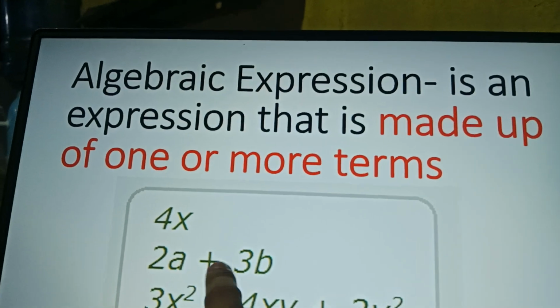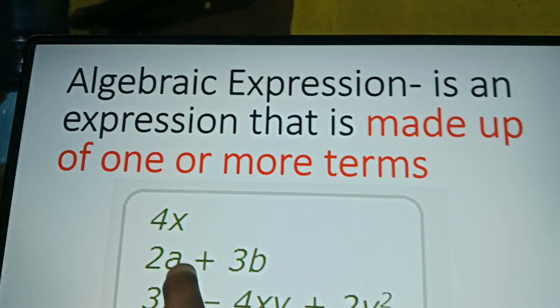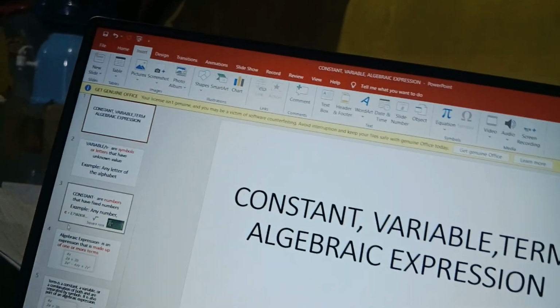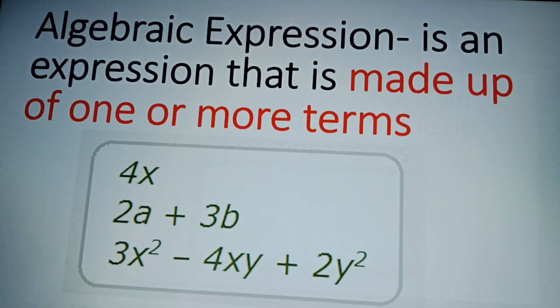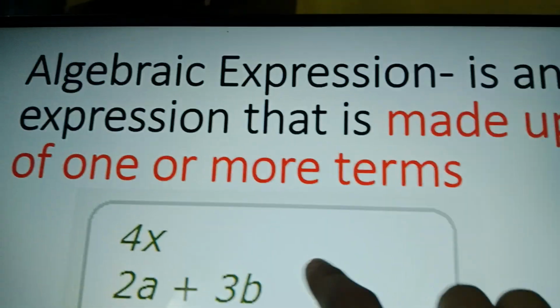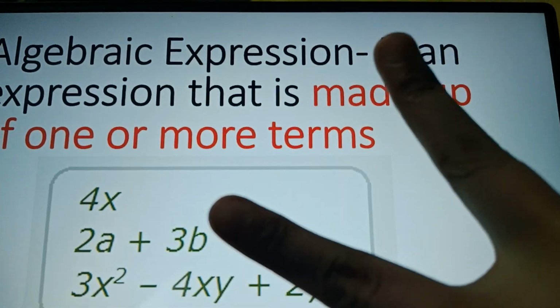In this algebraic expression, we have two terms. Why? We have 2a. We also have 3b. That is why it is composed of two terms.